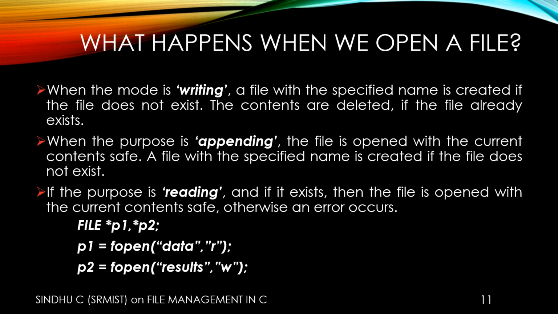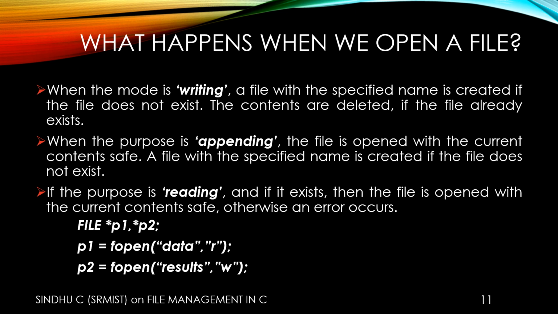What happens when we open a file? When the mode is writing, which is w, a file with the specified name is created if the file does not exist. The contents are deleted if the file already exists. When the mode is a, which is when we are opening the file for appending, the file is opened with the current contents safe, which is, it is not deleted.